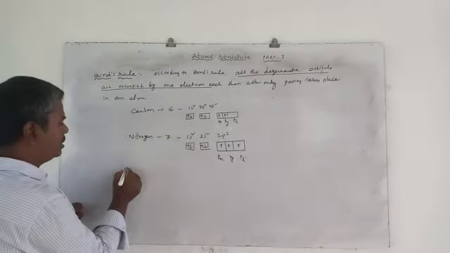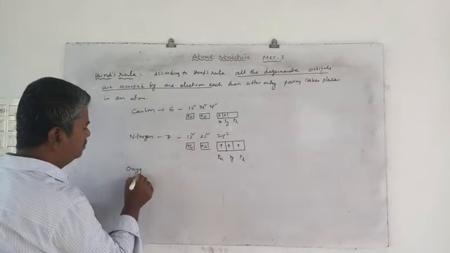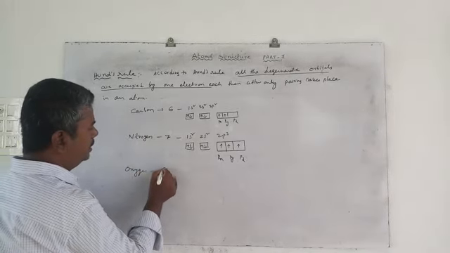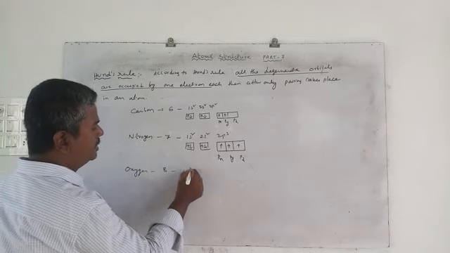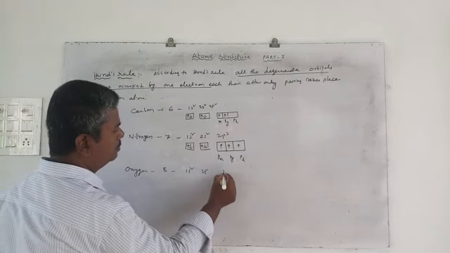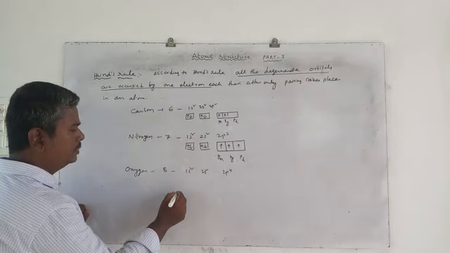Whereas in the case of oxygen, the atomic number is 8: 1s2, 2s2, 2p4.